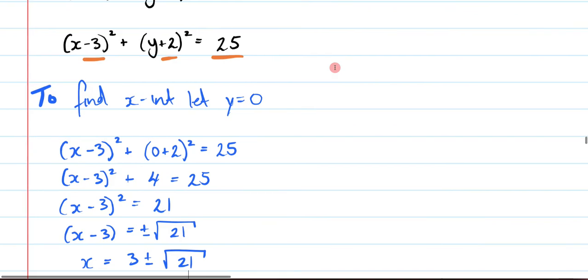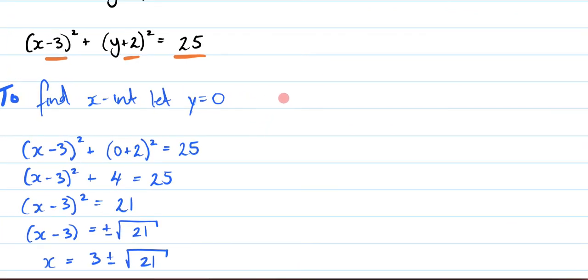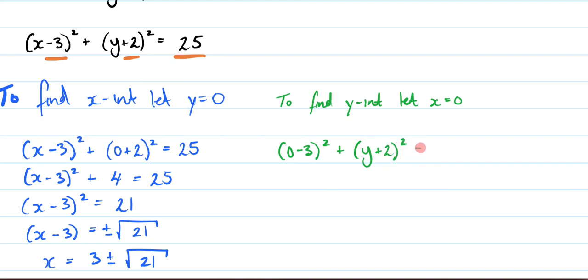Let me come up a bit and say to find y-int, let x equal 0. So it's going to be 0 minus 3 squared plus y plus 2 squared equals 25. This will be 9 plus y plus 2 squared equals 25.